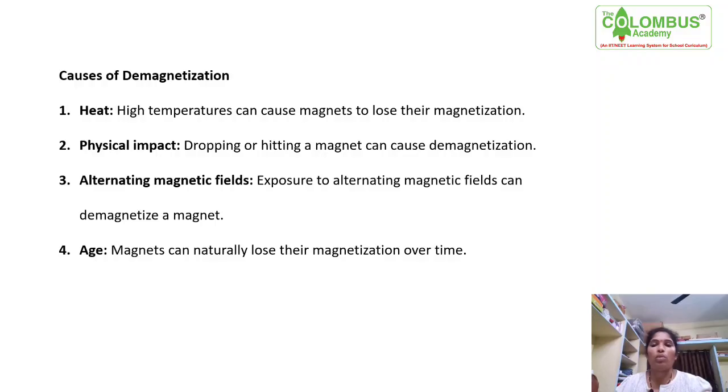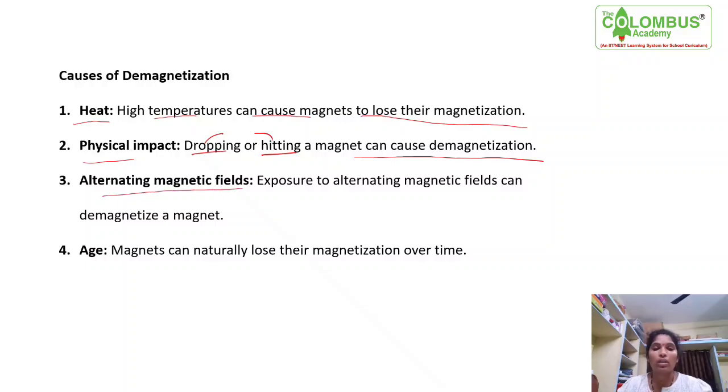So now, what are the causes of demagnetization? Let us revise it. Heat: high temperatures can cause magnets to lose their magnetization. Physical impact: dropping from a height or hitting with a hammer can cause demagnetization.